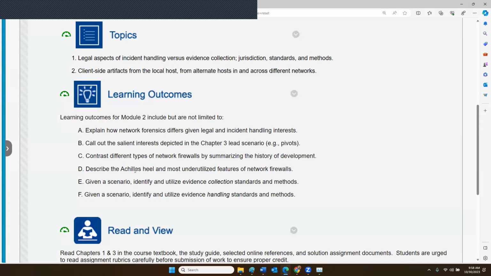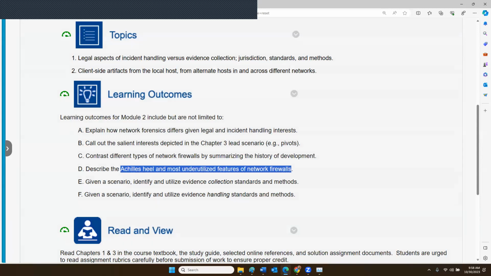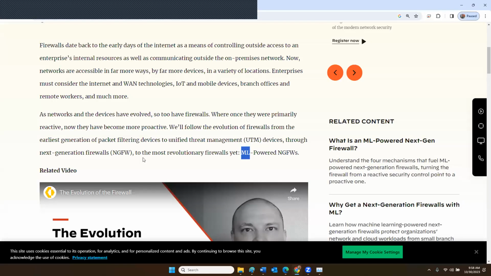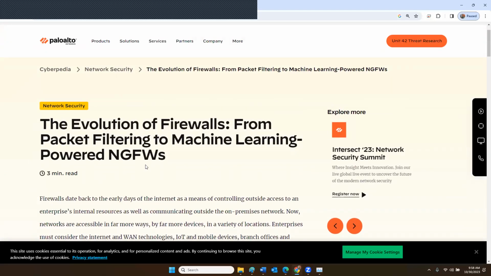one of the most underutilized features of network firewalls, the other part about a network firewall that is really killer, they still haven't solved this problem. By the way, I'm a fan of Palo Alto products, and I think they're giving Cisco, the industry leader and legacy industry champion, a run.